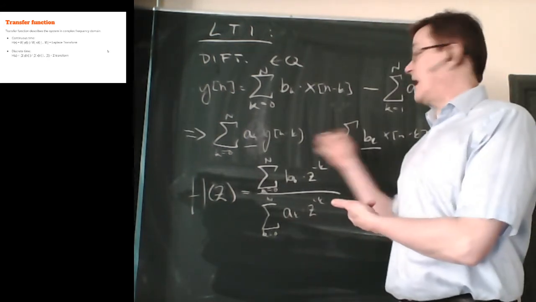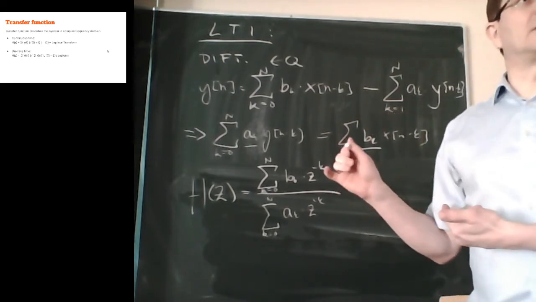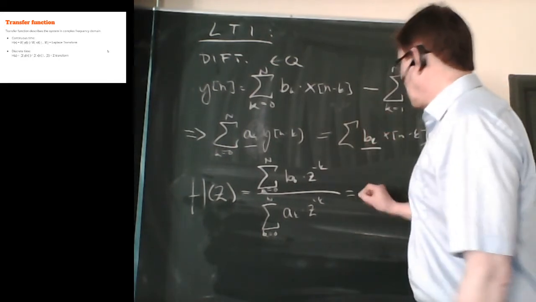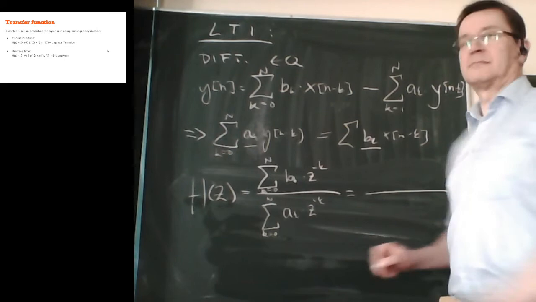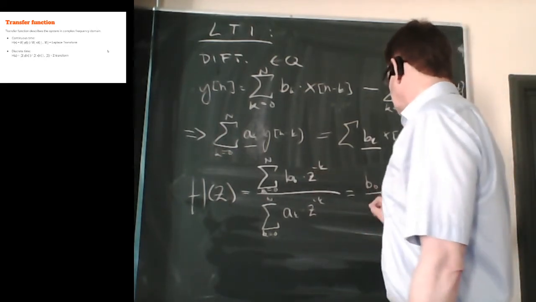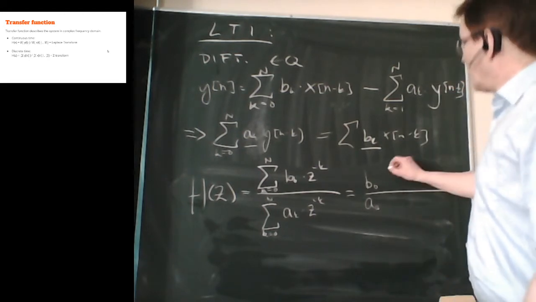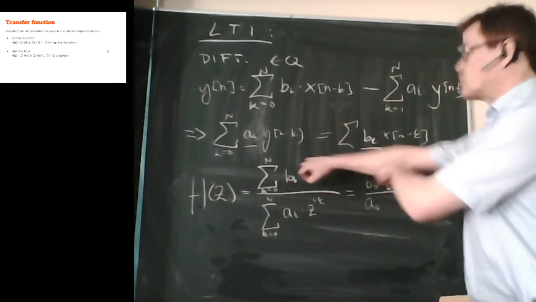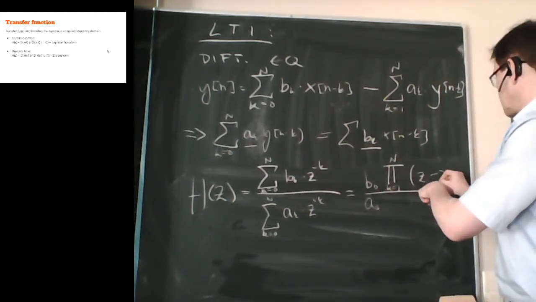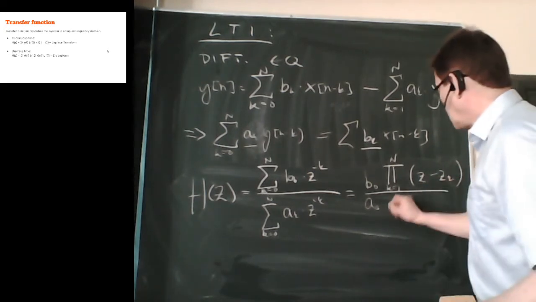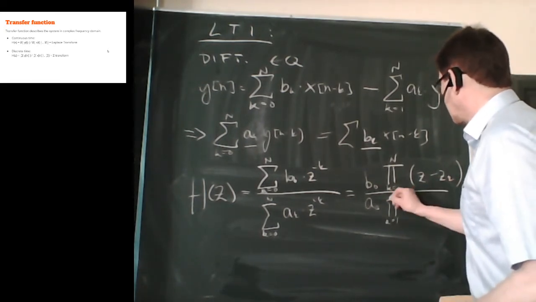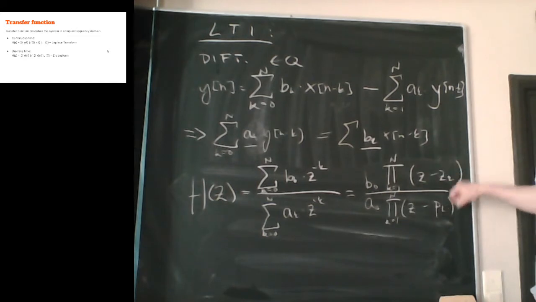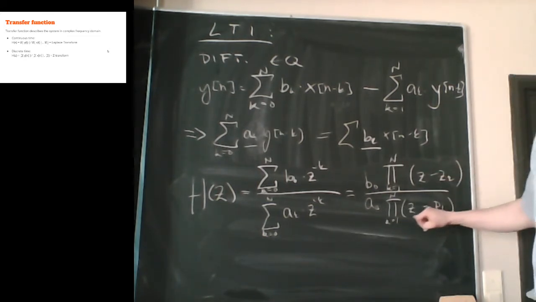Which is basically an nth degree polynomial in z to minus k, which can also be written, with some magic with the mathematics, with a gain factor b0 over a0 times the product for k from 1 to n of z to minus zk, and downstairs k from 1 to n of z to minus pk, where these are the zeros of this polynomial and these are the poles of this polynomial.